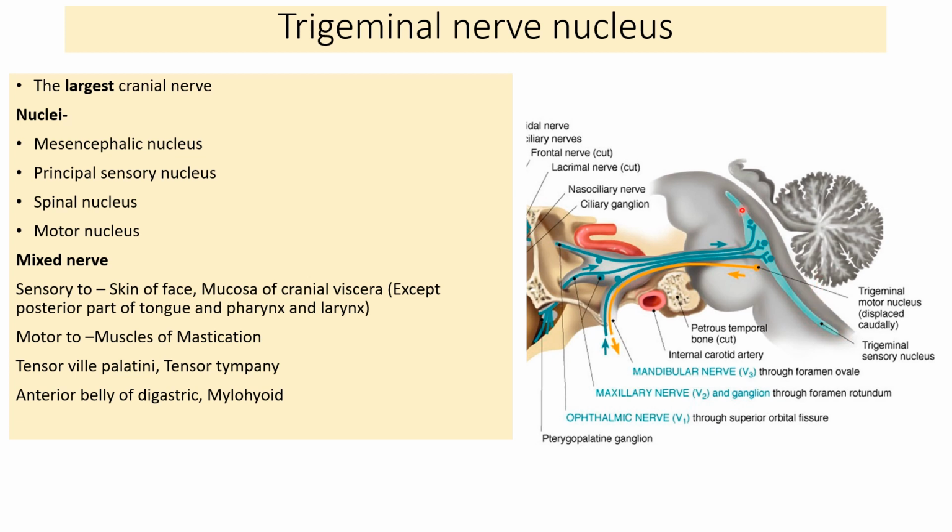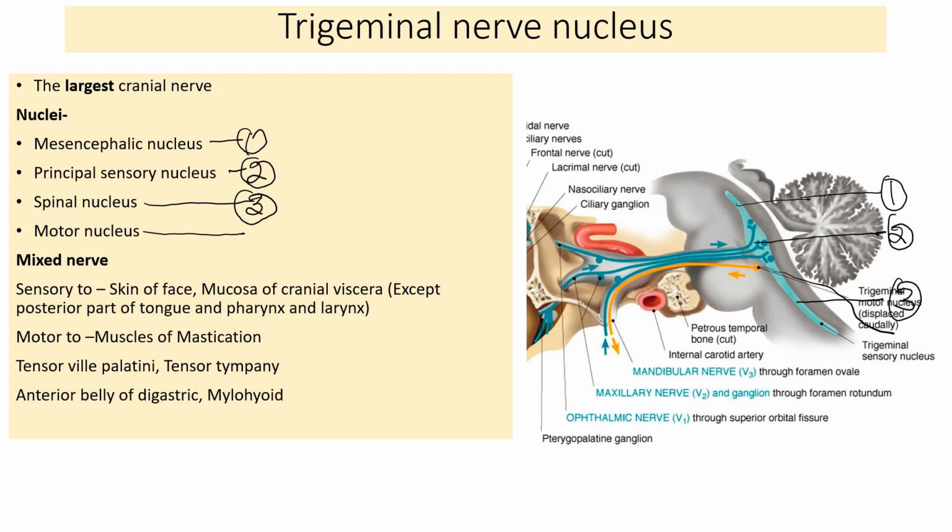This one is the mesencephalic nucleus. This one is the main sensory nucleus, and the spinal nucleus of trigeminal. So all these three are sensory nuclei, the 1, 2, and 3. And there's one motor nucleus, which is this yellow one here.